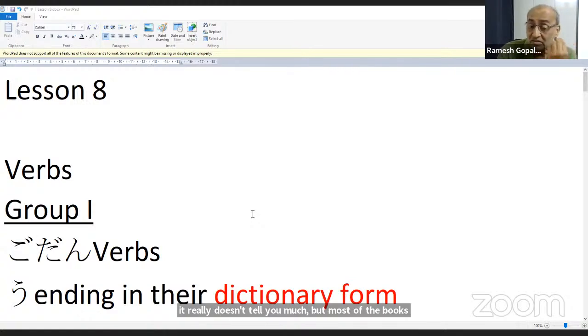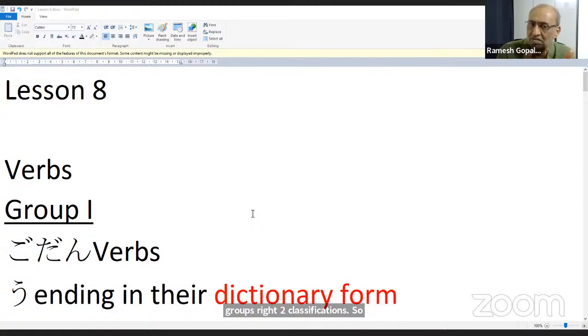So you really don't get to know what they really are. But Japanese books of grammar have terms like godan and ichidan. I told you there are two groups, right? Two classifications.